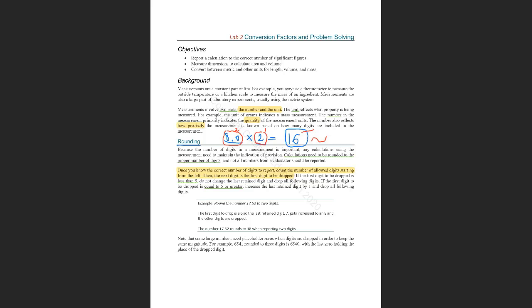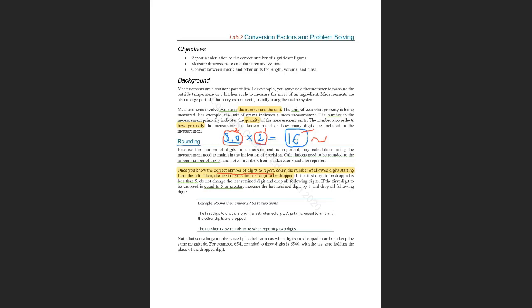Let's read this here that is highlighted. Once you know the correct number of digits to report, which we know is 1 because the 8.0 has 2 sig figs and the 2 has 1, we have 1 digit to report. Count the number of allowed digits starting from the left.